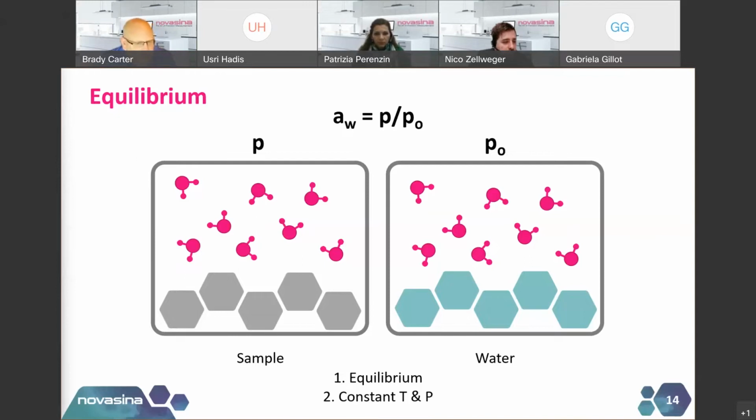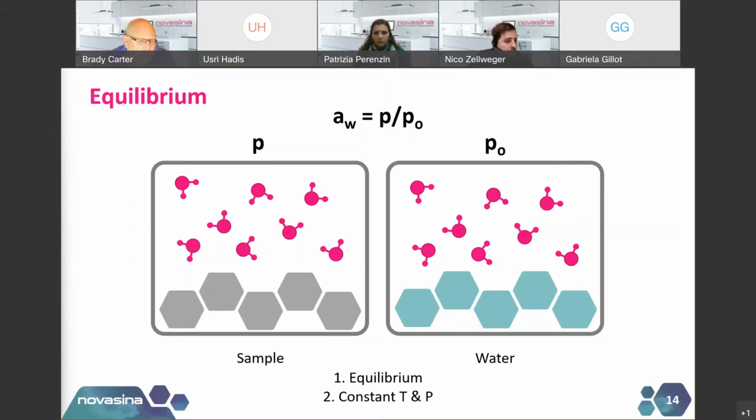That vapor pressure, what we call the saturated vapor pressure of water, that number of water molecules is dictated completely by temperature, because if you're pure water, there's nothing else interacting with these water molecules. So the only thing that changes how many water molecules are in the vapor state is temperature. So if you know the temperature, you automatically know this saturated vapor pressure value.